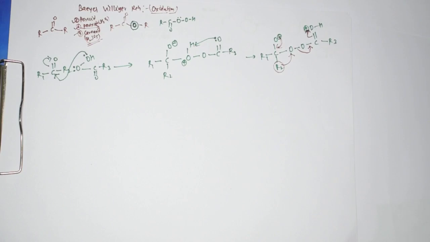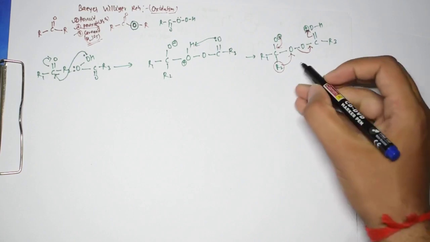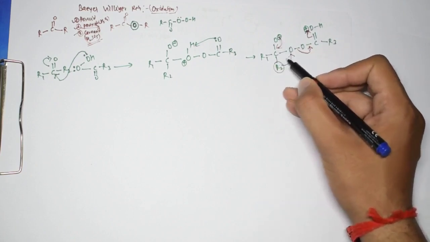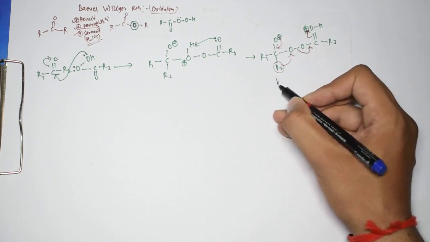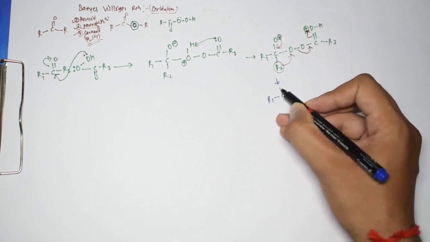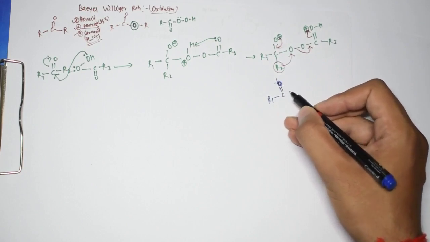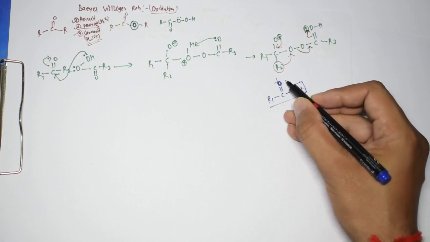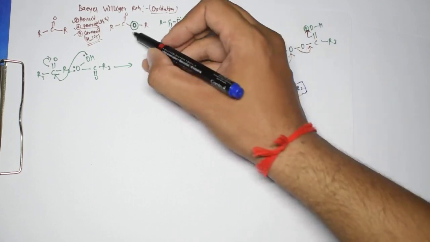So now let's write the product. Here we will have R1 C double bond O, and R2 has migrated onto this oxygen. So we will have R1 C double bond O over here, and here we will have this O and R2. So this is the product which I was talking about.